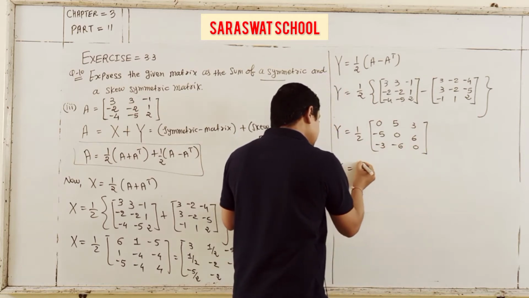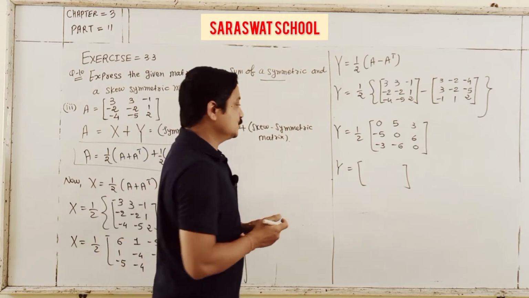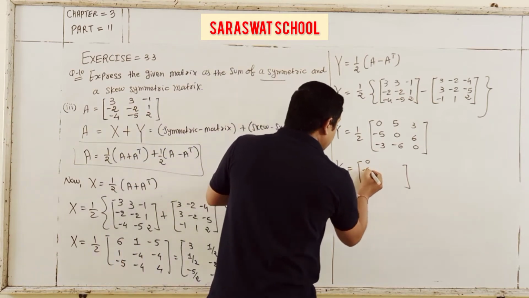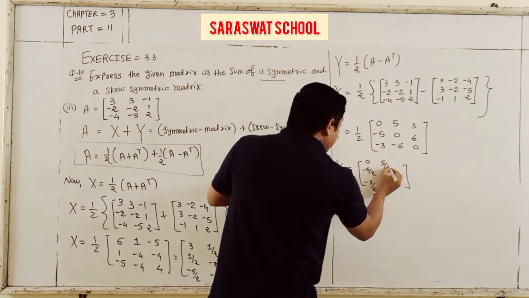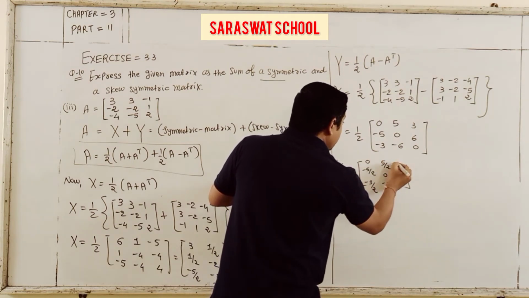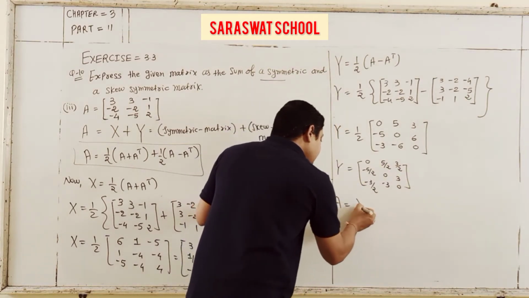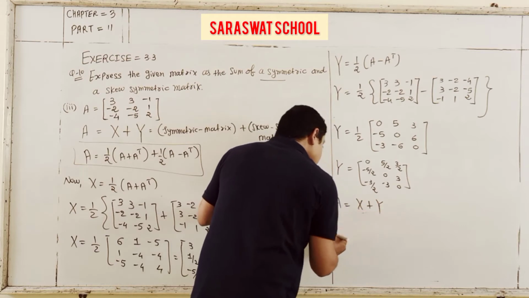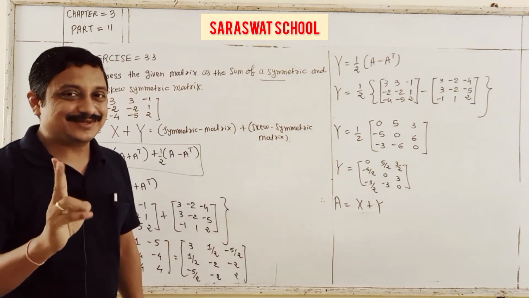Now I just divide by 2. So 0, minus 5 by 2, minus 3 by 2, 5 by 2, 0, minus 3, and here 3 by 2, here 3, but that is 0. Therefore A is represented as the sum of two, one symmetric, the second skew symmetric.